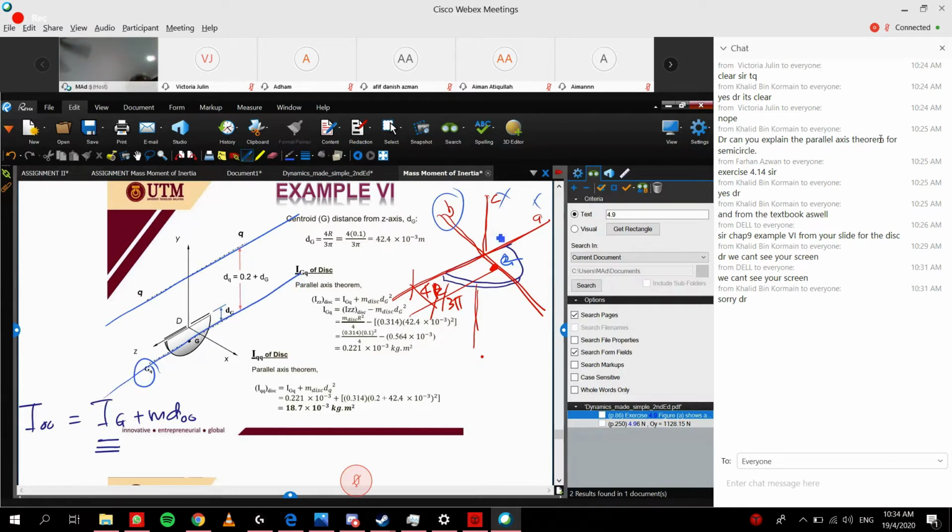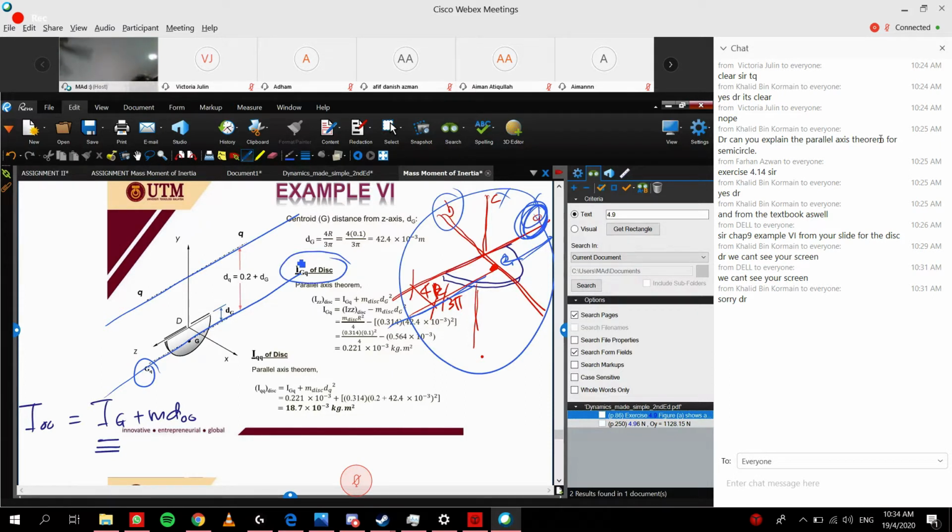If you refer to this diagram, there is no formula for this I_GQ, the I that passes through G. What we have is the one parallel to it that passes through G, which is the A axis. This A axis is parallel to the GQ axis. That is why we use this formula to get your I_GQ.